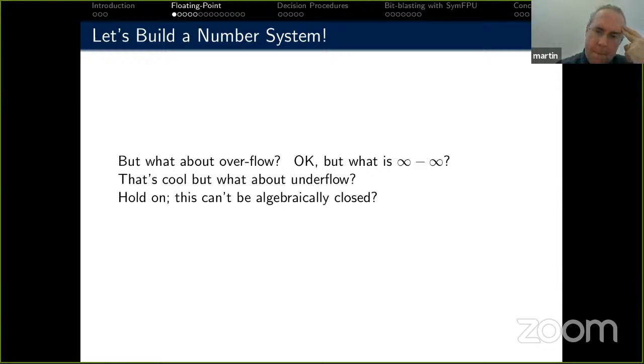But we can still wind up generating values that we don't have bit strings for. So we just have to round. When we've got a value, we just have to turn it into the nearest thing we can represent.